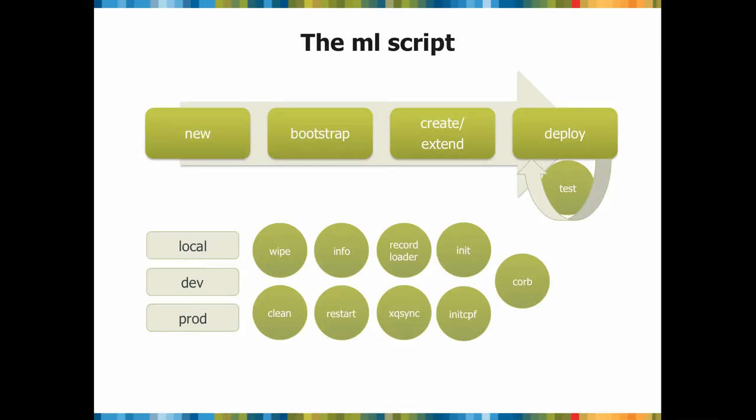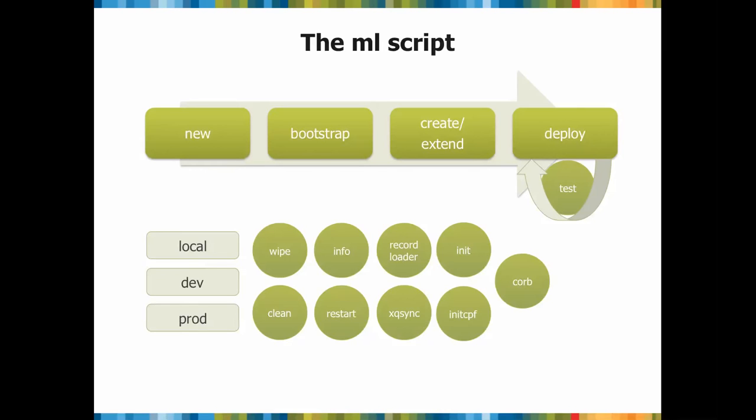So looking at the other commands that are available, the wipe command, this is kind of a sharp tool. It will completely remove your application from the MarkLogic server that you target. So it's essentially the opposite of Bootstrap. Bootstrap will create application servers, a content database, a modules database, users, roles for your application.